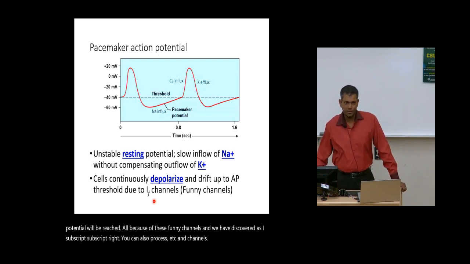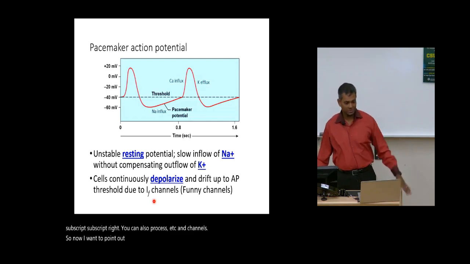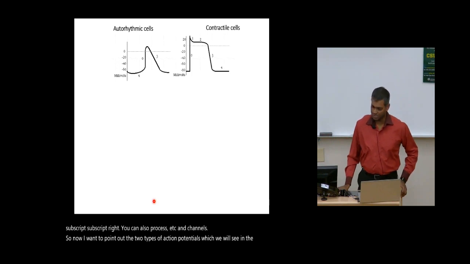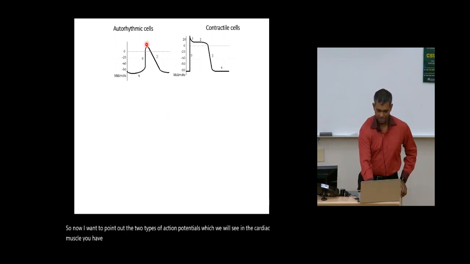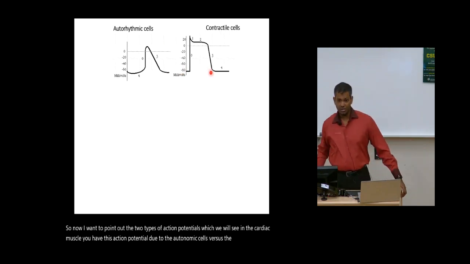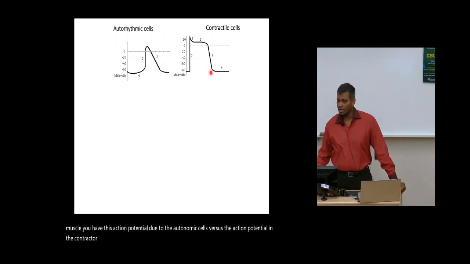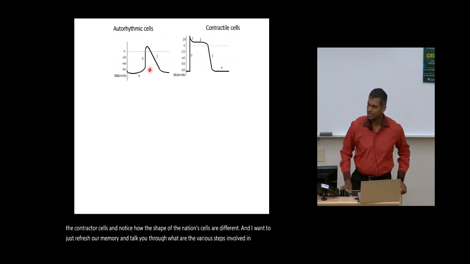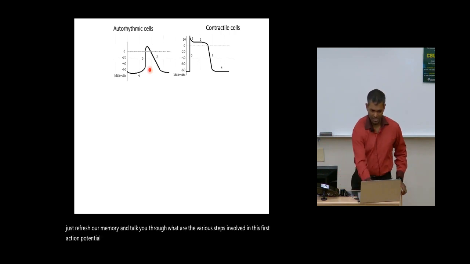Now I want to point out the 2 types of action potentials which we will see in the cardiac muscle. You have this action potential due to the autorhythmic cells versus the action potential in the contractile cells. And notice how the shapes of these action potentials are different. I want to refresh your memory and talk you through the various steps involved in this first action potential versus the second one.